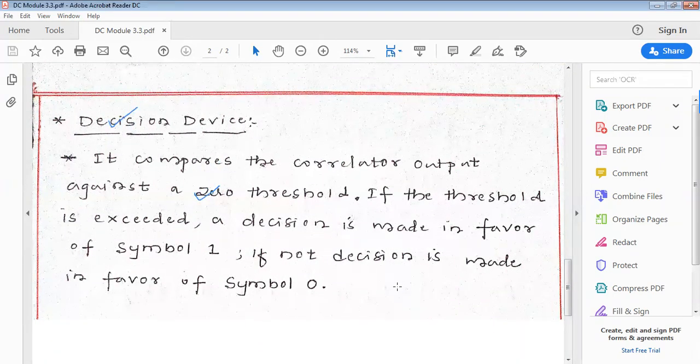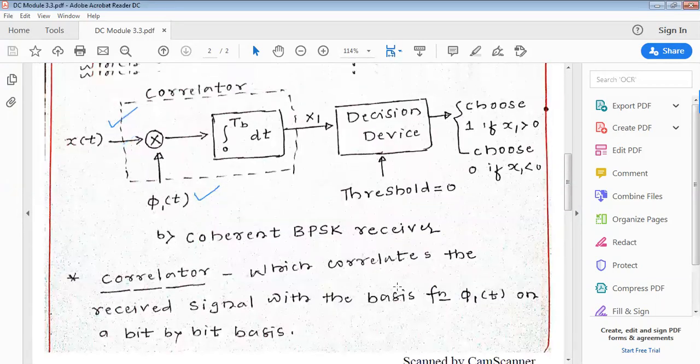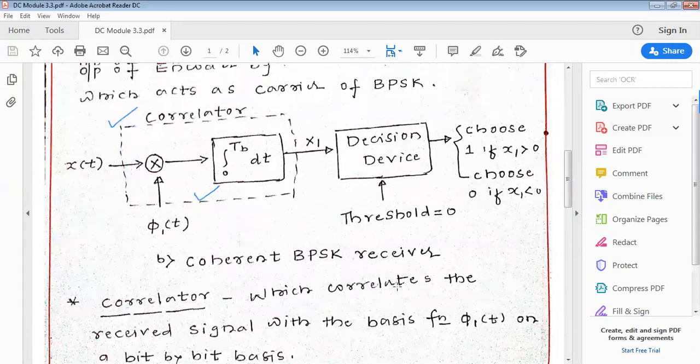If not, the decision is made in favor of symbol 0. This is how we detect the binary ones and zeros at the output of the coherent BPSK receiver. In the next video, we will discuss a very important concept, the error probability of the coherent BPSK receiver.